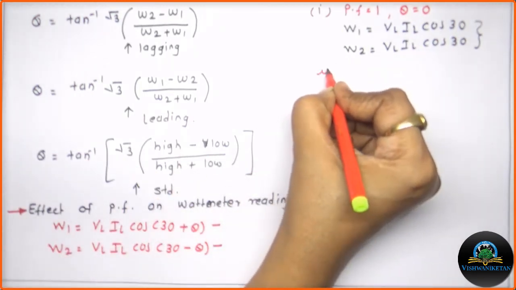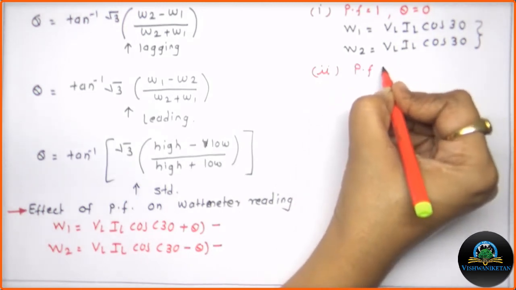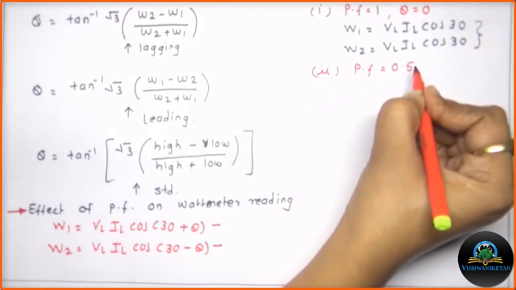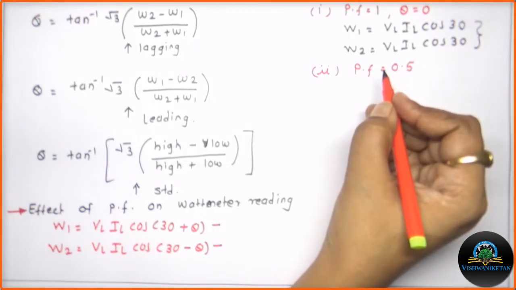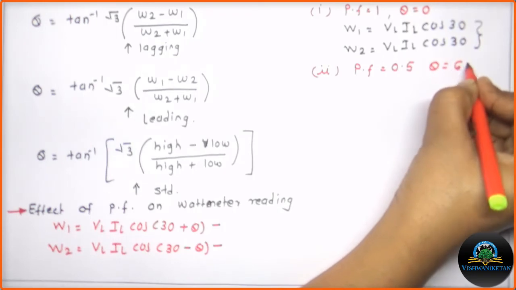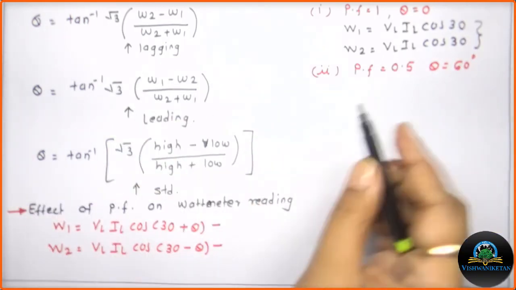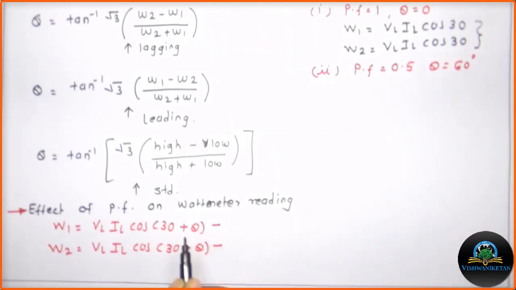When theta, or first of all, power factor is equal to 0.5, theta is equal to 60. Now in that case, I will again substitute the value 60 in this equation instead of theta.